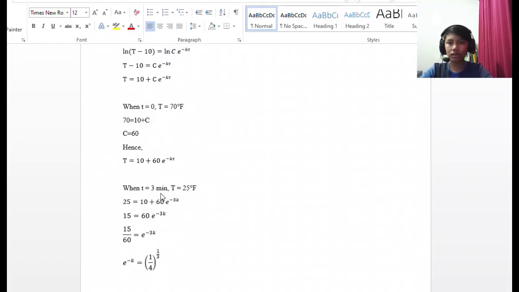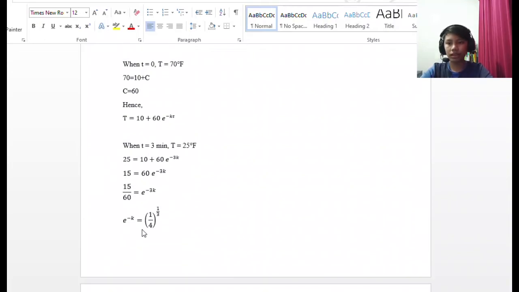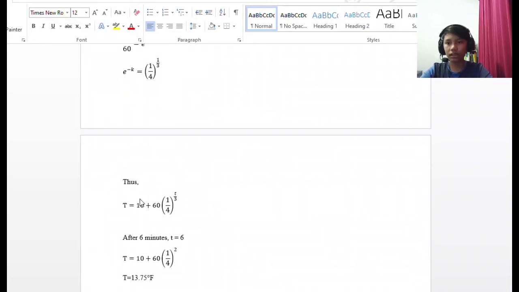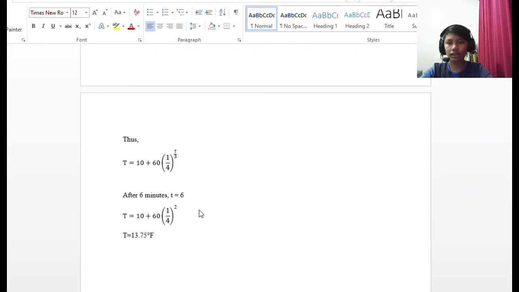When t equals 3 minutes, and the big T equals 25 Fahrenheit, we substitute the value before. 25 equals 10 plus 60 exponent to the power of minus 3k, and we simplify the equation, and it will become e to the power of minus k equals (1 over 4) to the power of 1 over 3. Thus, T equals 10 plus 60 multiplied by (1 over 4) to the power of t over 3.